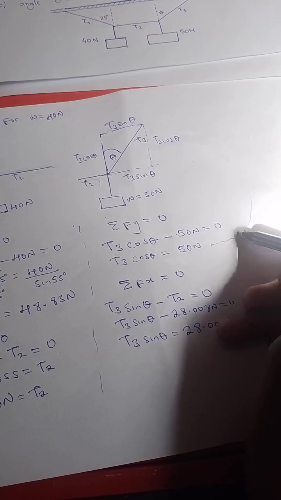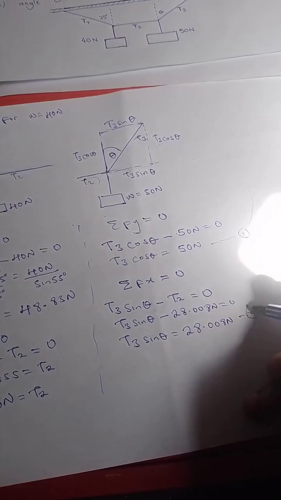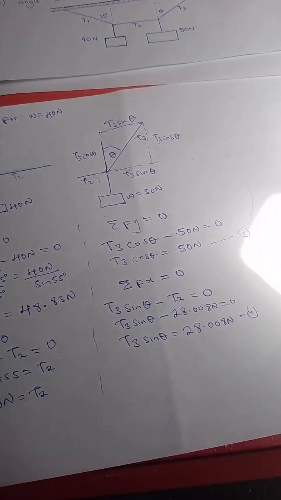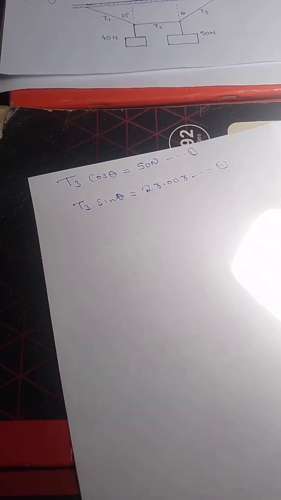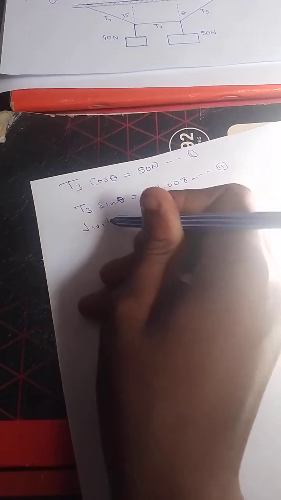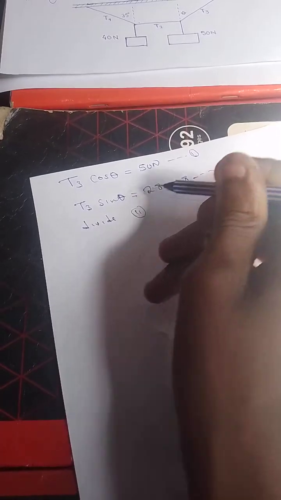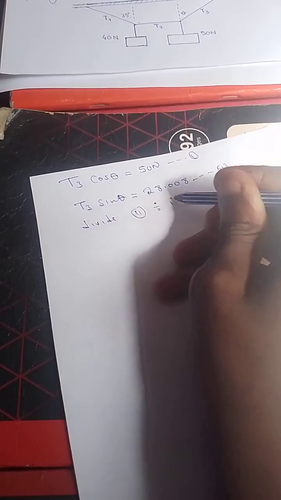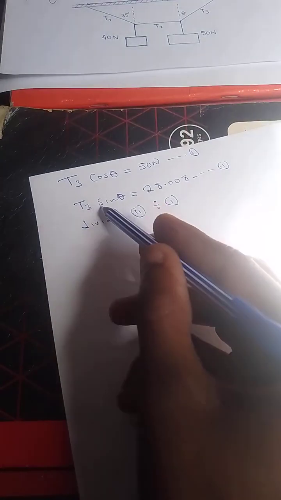Then we have a pair of equations which cannot be solved individually. So let me just transfer them. Having two equations, we are going to divide equation number 2 by equation number 1, because we always put sine on top.